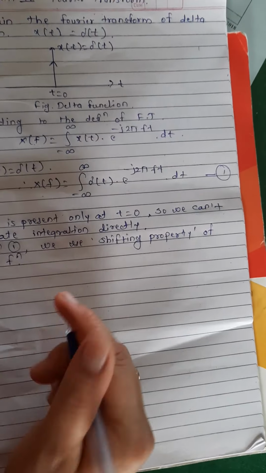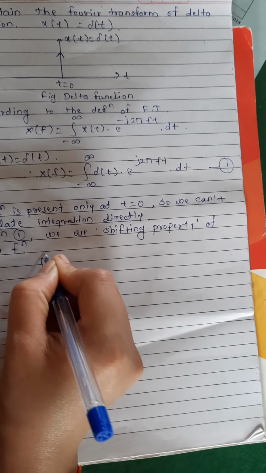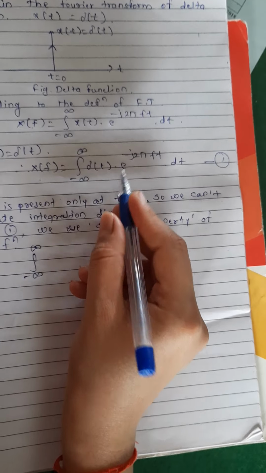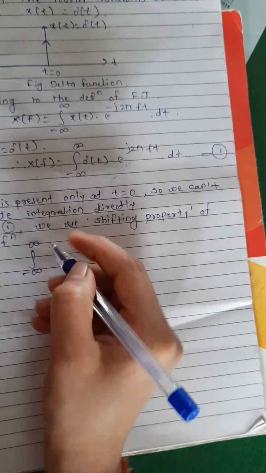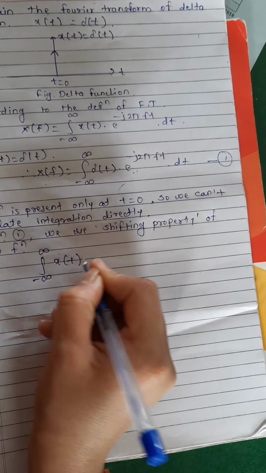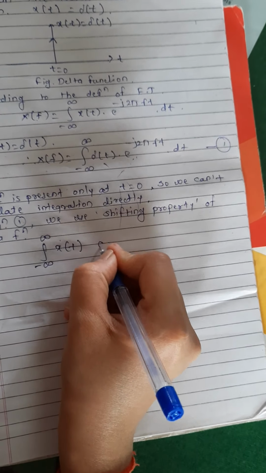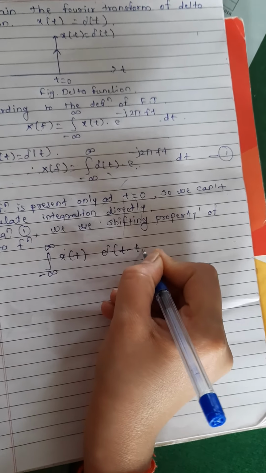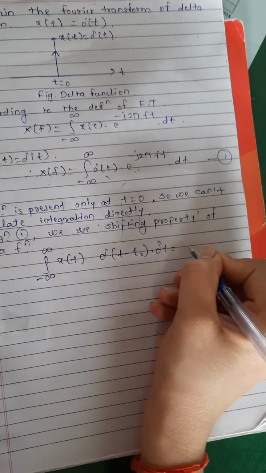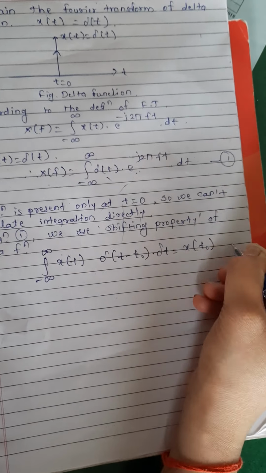So this property becomes: integration from minus infinity to infinity of x of t delta of t minus t0 is x of t0.